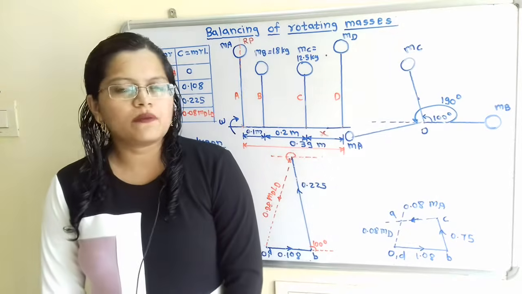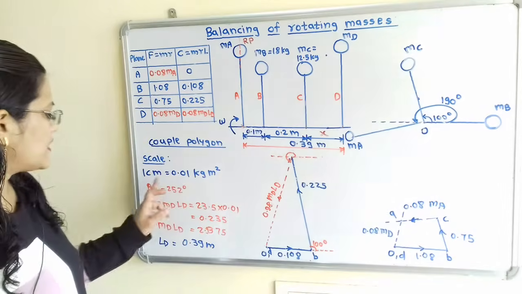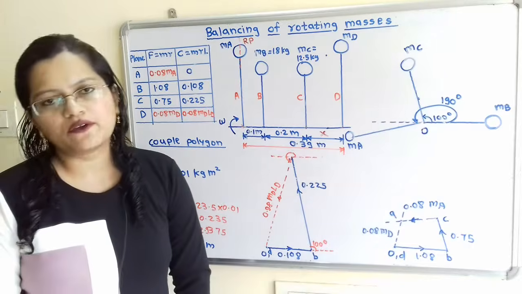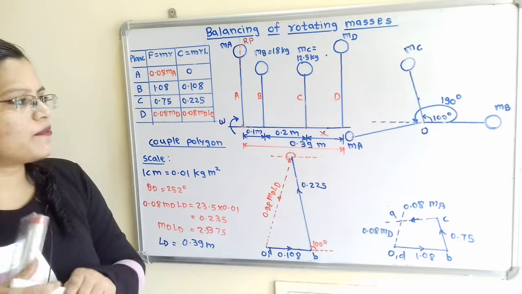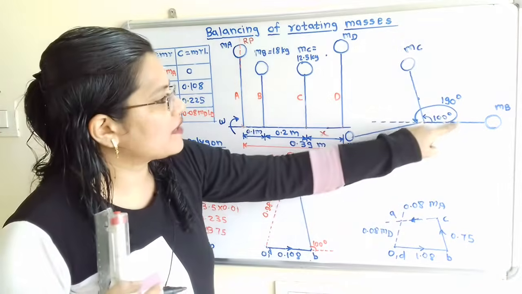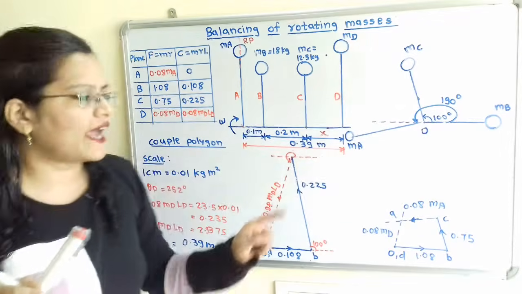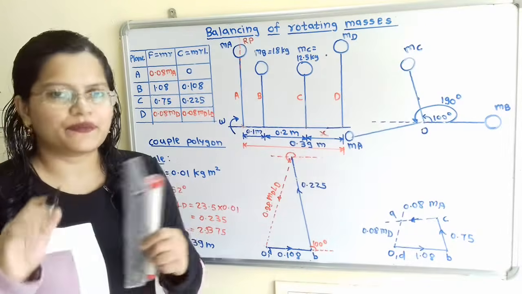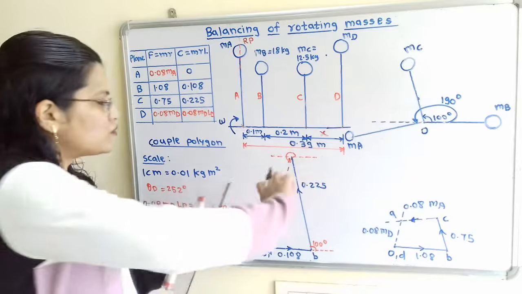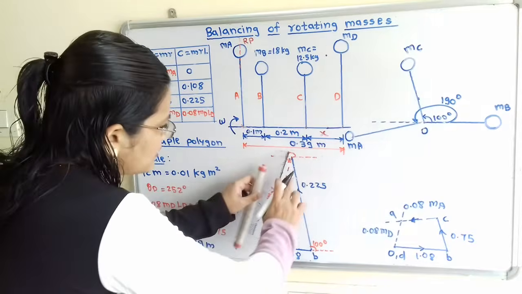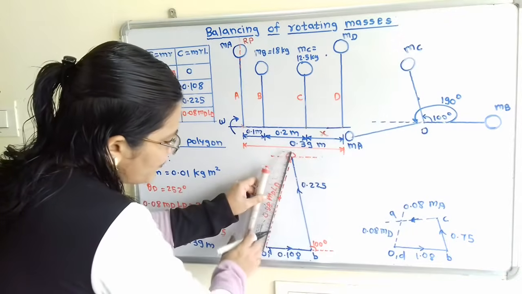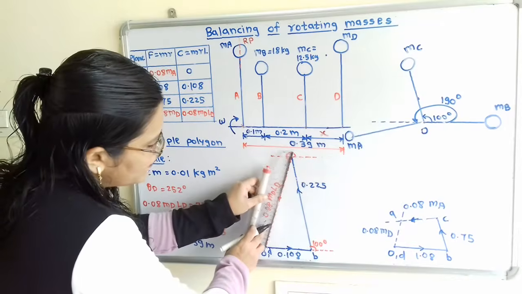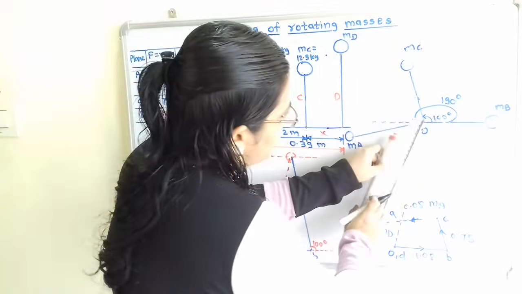Now from the coupled polygon we get the angle theta D is equal to 252 degree. So with the help of protractor we can draw here the angle 252 degree and we will show this mass MD. Or the second way is to transfer this line. So this line is also at 252 degree, and that's why if I transfer this line with the help of this roller, then here we will show the MD.